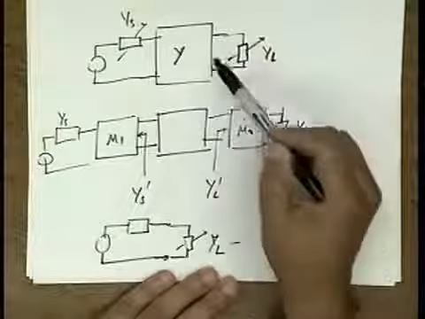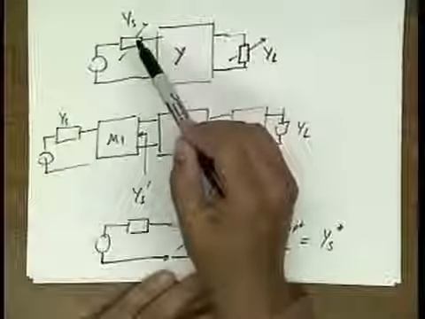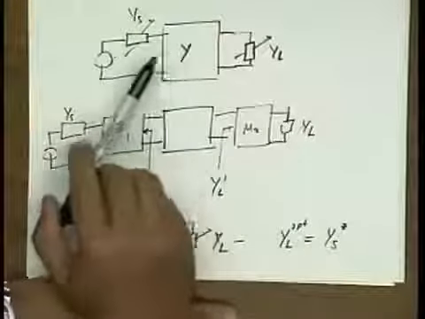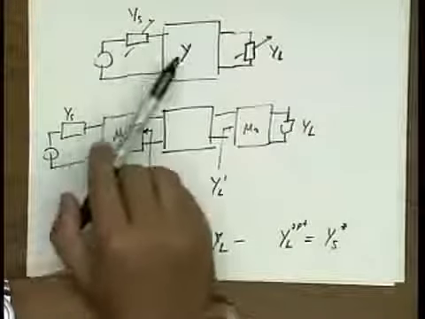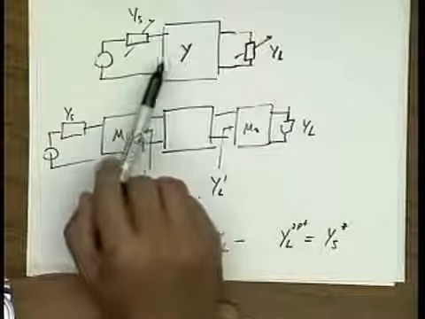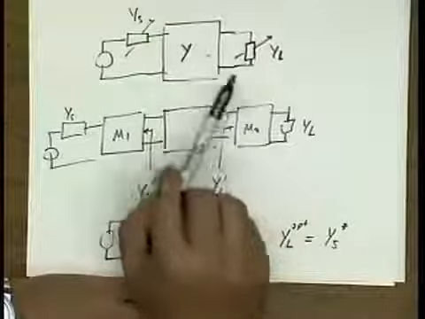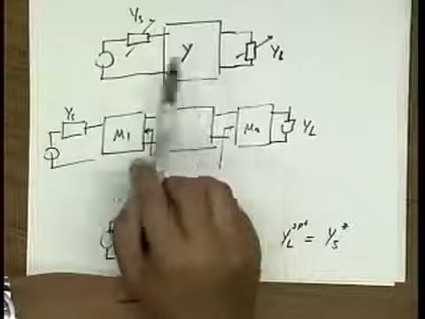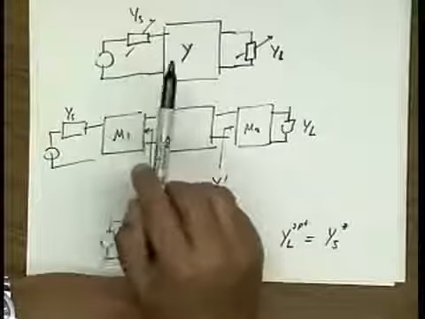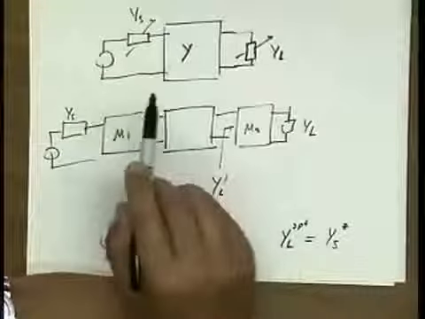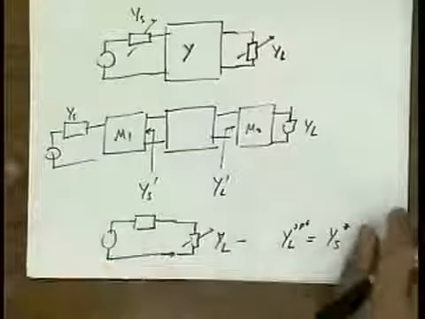But the output impedance of this two-port is a function of the source. Likewise, if I want to transfer the most power into this two-port, I'd like the input admittance to be the complex conjugate of the source admittance. But the input admittance is also a function of the load. In other words, I somehow want to do a simultaneous conjugate match, also called the biconjugate match, in order to maximize the power gain of this device. Okay? Now, if that's not clear, we'll do it the long way.